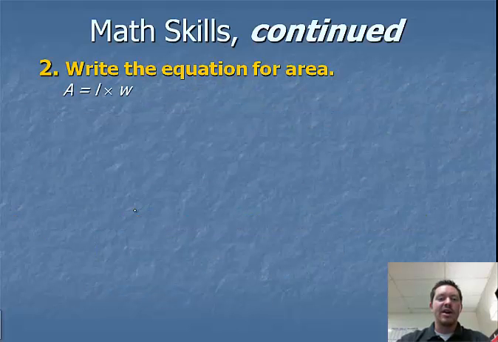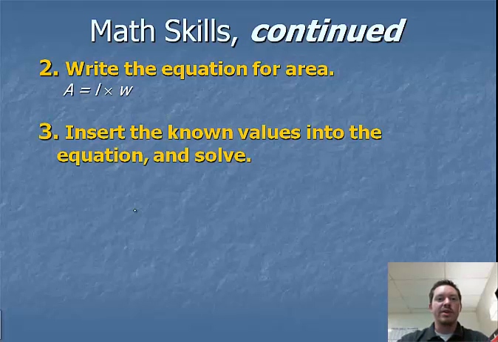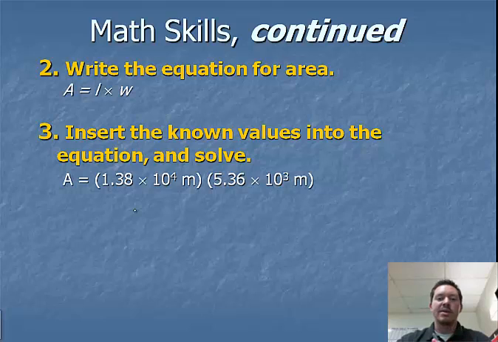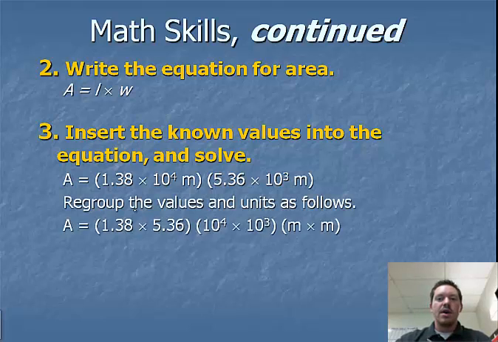We can find area by multiplying length times width. So you take 1.38 times 10 to the fourth meters times 5.36 times 10 to the third meters. You can regroup if you would like to, but basically you're multiplying 1.38 times 5.36, and since this is a multiplication problem, you're going to add those exponents.